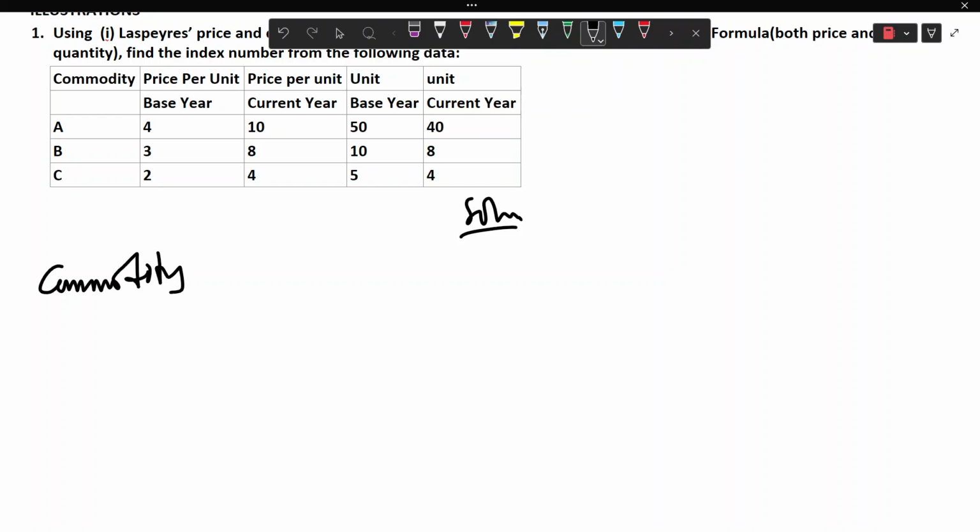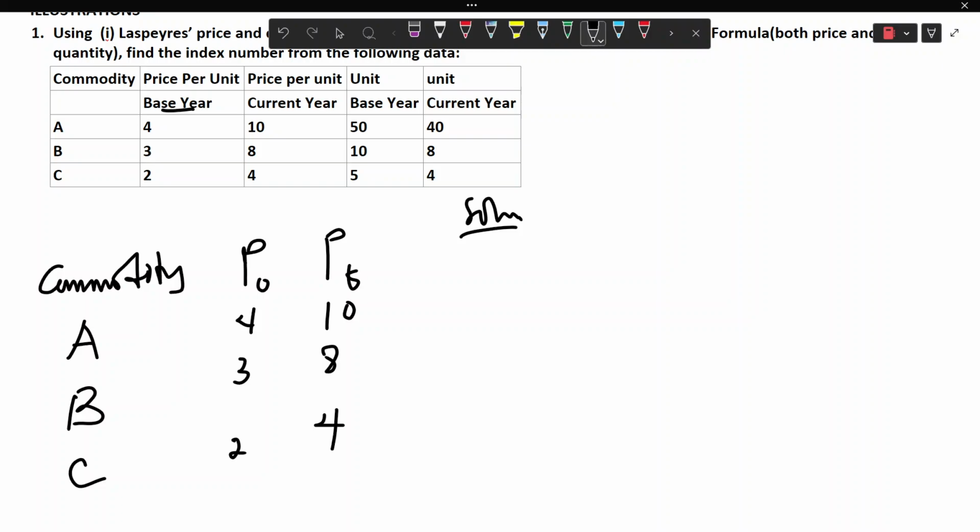We have commodities A, B, and C. Then we have prices in the base year, let's say P naught, and prices in the current year. We have 4, 3, and 2. Then this one is given 10, 8, and 4.